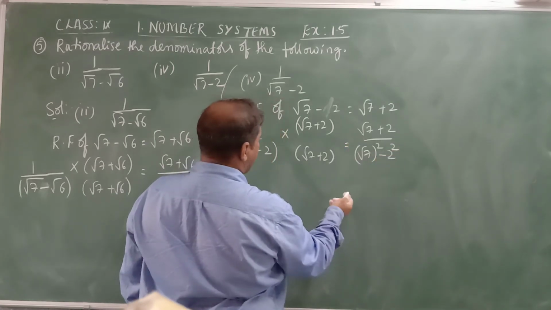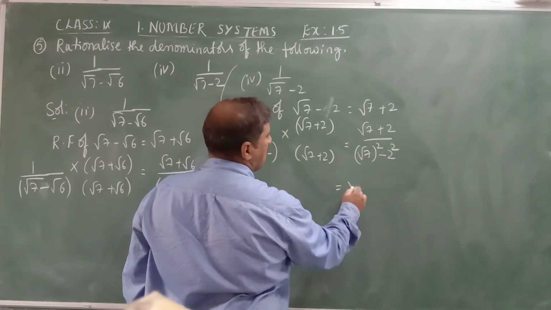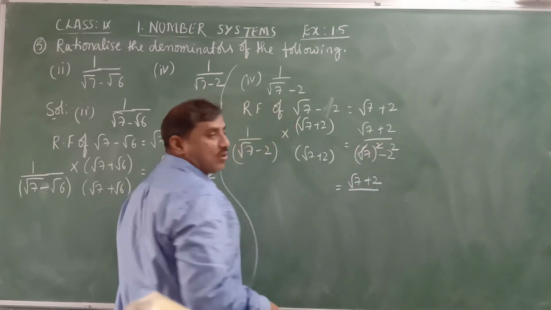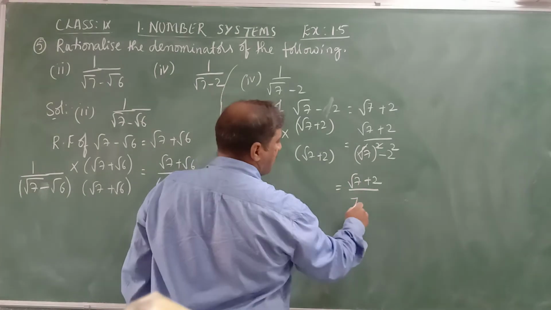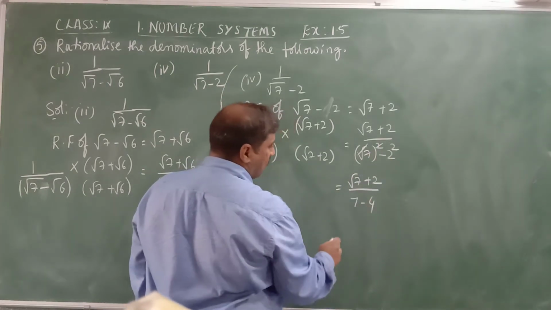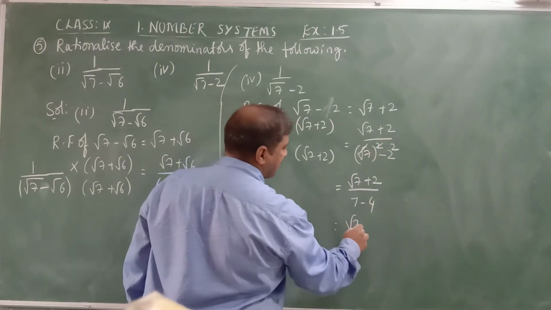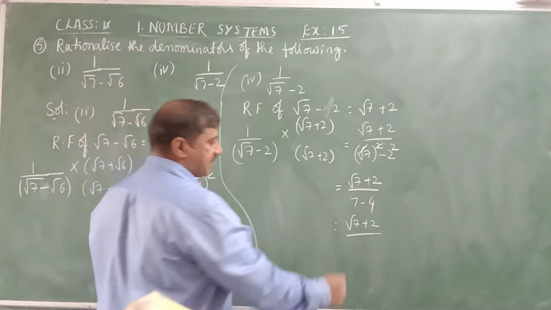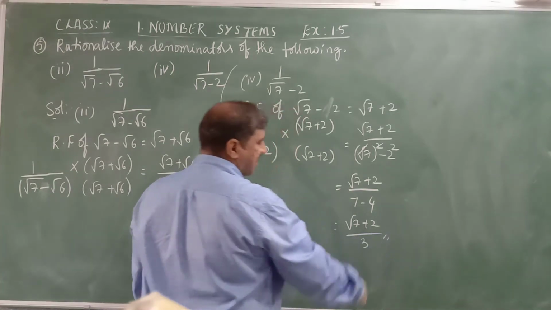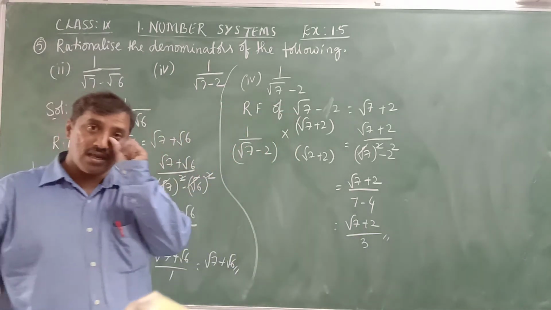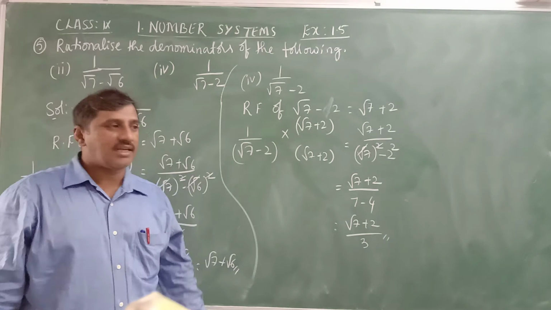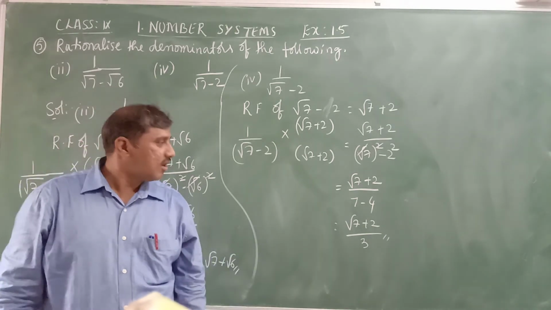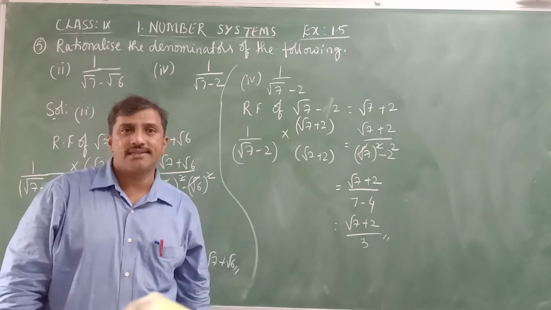Simplifying, square and square root are cancelled, 7 minus 2 square, which is 4, so root 7 plus 2 divided by 7 minus 4, which is 3. Now the denominator is 3. Like this we can rationalize the denominators of the given numbers. Is it clear, children, how to rationalize the denominators?